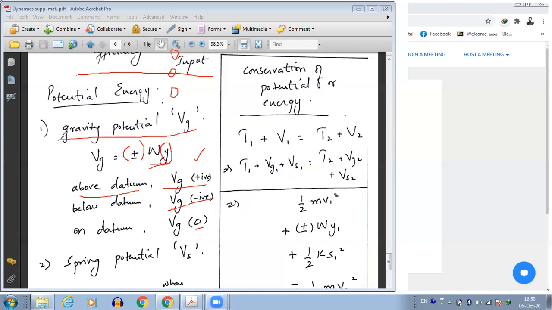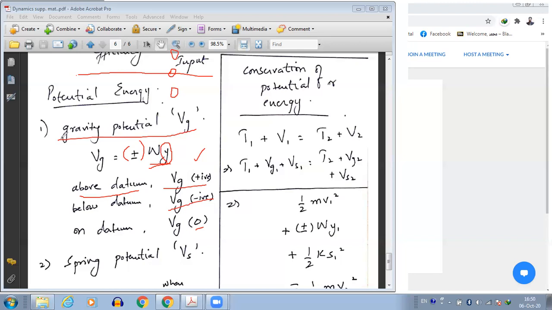Gravity potential is in correspondence with our own selected datum. So if we have a datum selected, then if an object is above the datum, that is positive potential. If an object is below the datum, that is negative potential. If the object is on the datum, that's 0 potential.